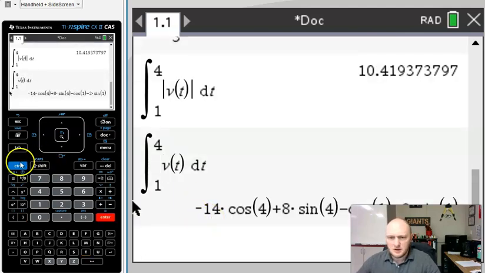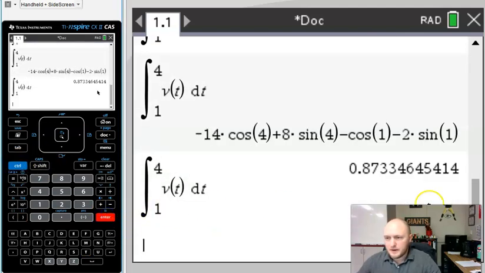There we go. 0.873. I don't know what the units are. They didn't give us units, but that's not much. I guess this could be kilometers, and then that would be fairly significant. But there you go. I'm integrating velocity. That's position. So the position at 4 minus the position at 1 gives the displacement over that interval.